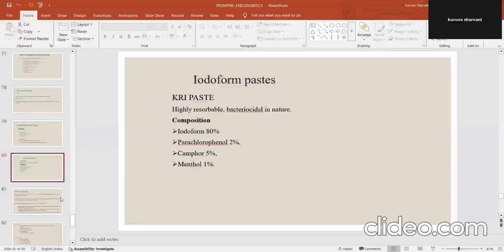And what are all the obturating techniques for pulpectomy? The most widely used technique is the reamer technique, followed by the bidirectional spiral, insulin syringe technique, and tuberculin syringe technique. These are the obturating techniques.